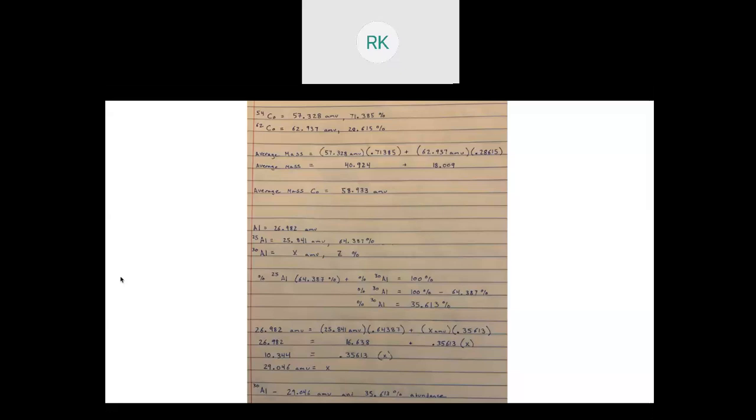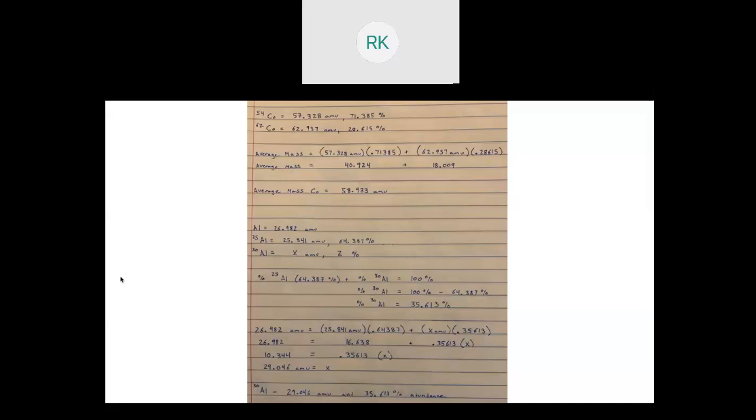We have 71.3% and about 28.6%. When you add those together, they add up to 100% of the isotopes, meaning these are the only two isotopes that cobalt has. Another thing to note, I just made up these numbers. This is not really the real isotopes or anything like that, but it is good practice.